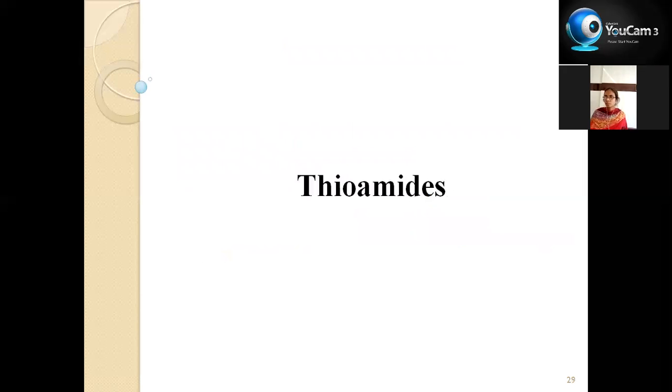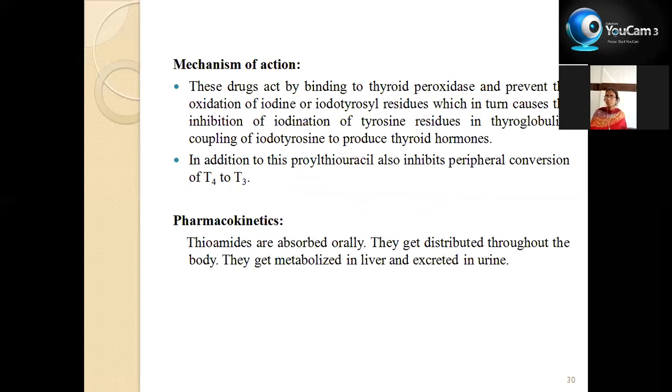So let's see what are thioamides. Their mechanism is that these drugs bind to thyroid peroxidase and prevent the oxidation of iodide, which in turn inhibits the iodination of tyrosine residues in thyroglobulin and the coupling of iodotyrosines to produce thyroid hormone.